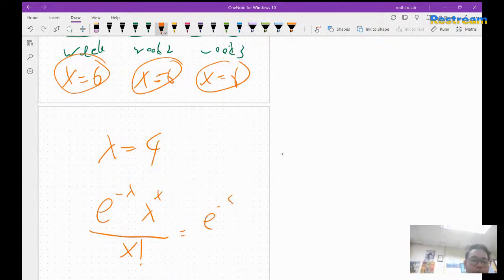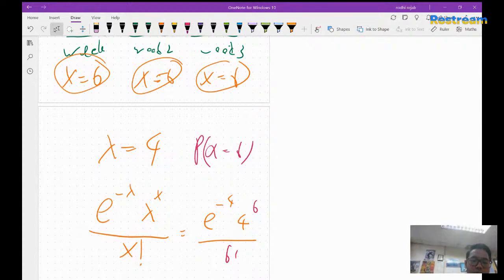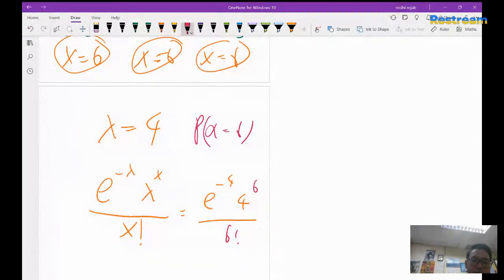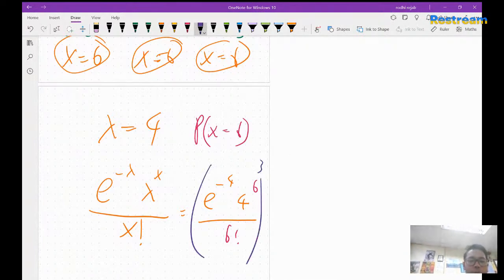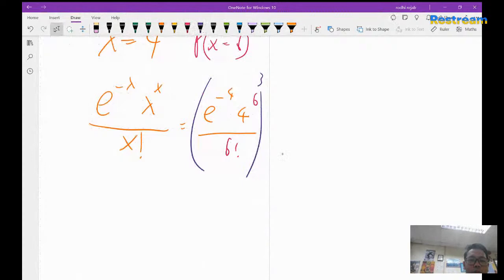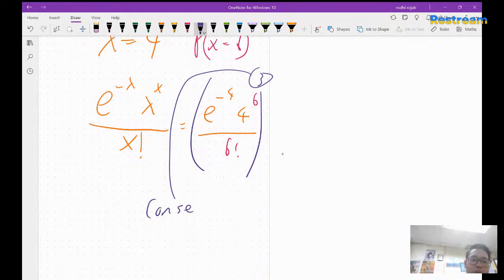So e to the negative 4, lambda is 4, and P(X = 6), so 6 factorial. And we need to do it to the power of 3. Why to the power of 3? Because of consecutively. This 3 stands for 3 consecutive weeks.